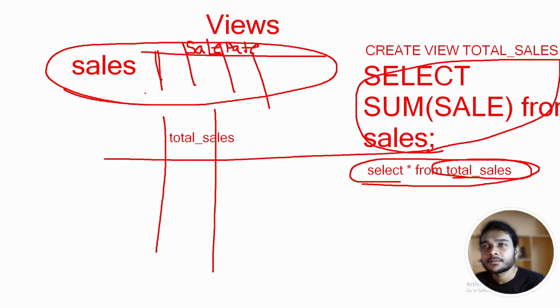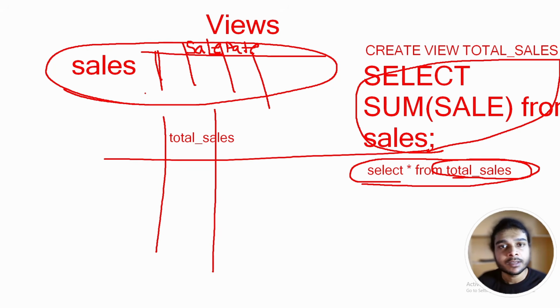The advantage of creating a view is that it is dynamic. Every time the data in the source table changes, the data in the view also changes. I will demonstrate it, but try to understand what I'm saying here. Let's say you get the data from a source table into another table.